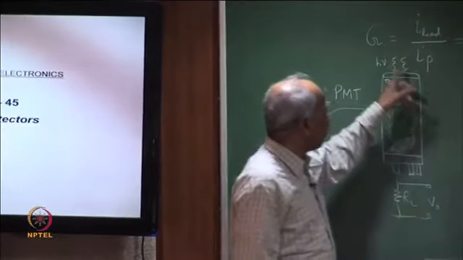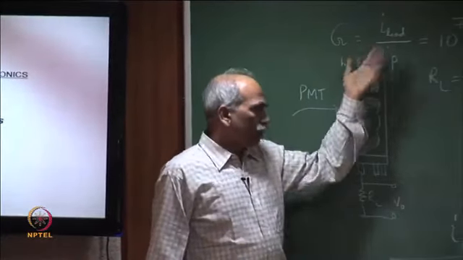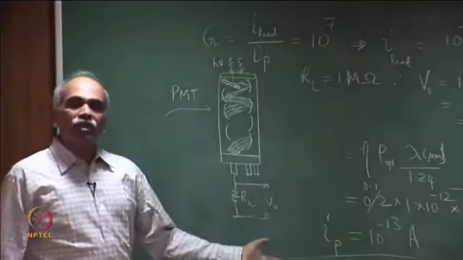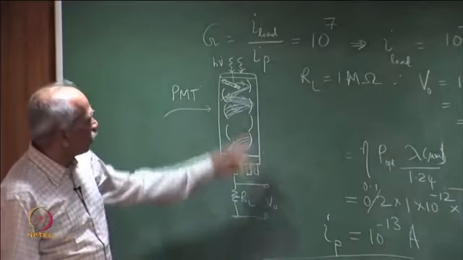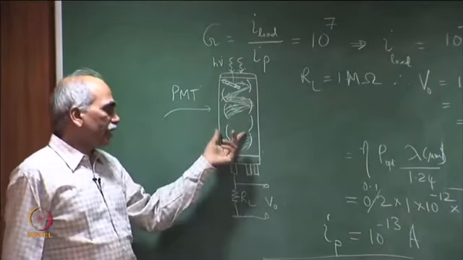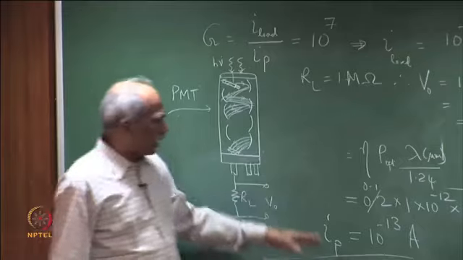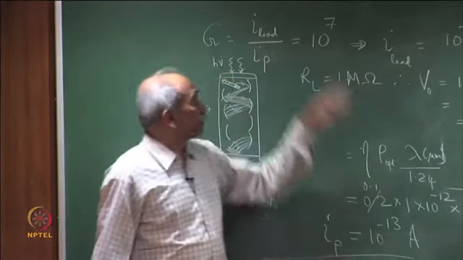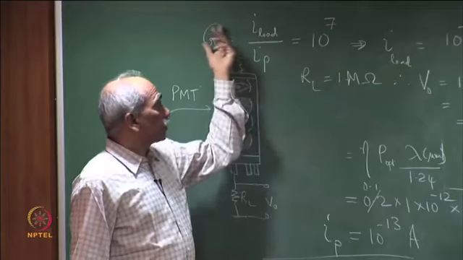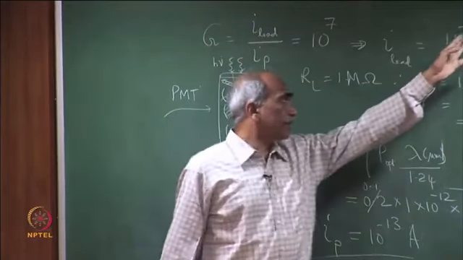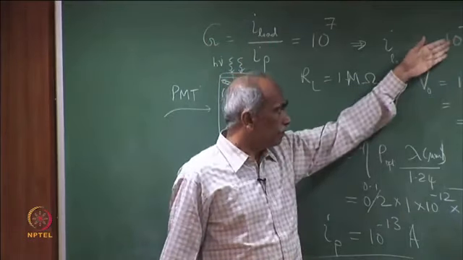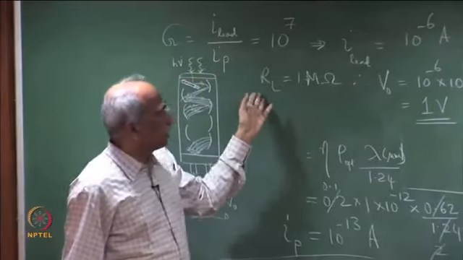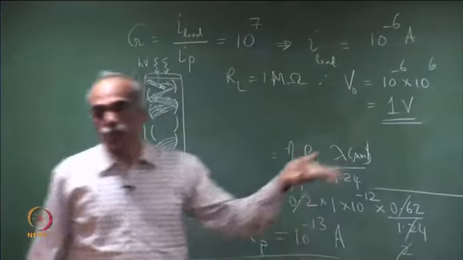So 1 picowatt can be easily detected by measuring the output voltage here. Considering typical numbers, we have calculated that 1 picowatt incident here generates a primary photocurrent of 0.1 picoampere, and because of the current gain, we have a current at the load of about 1 microampere, and across the load resistance we have about 1 volt.